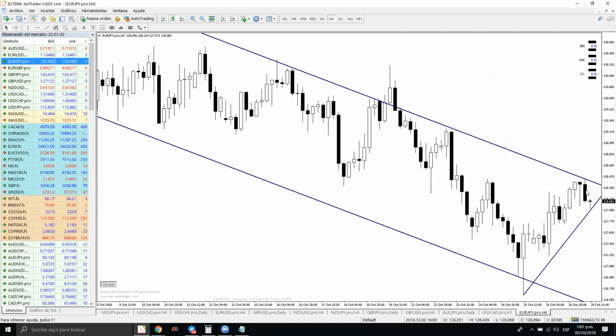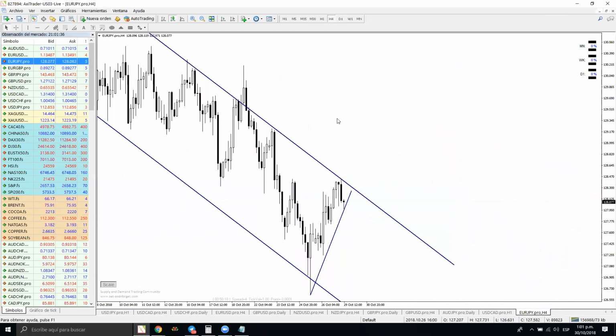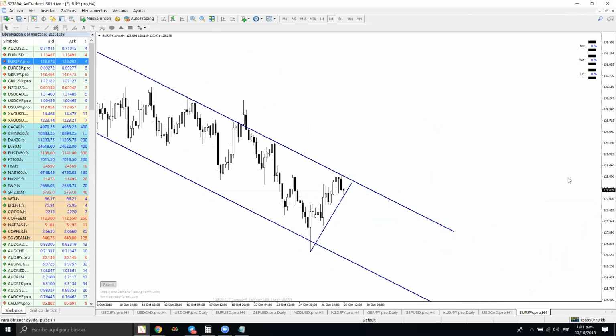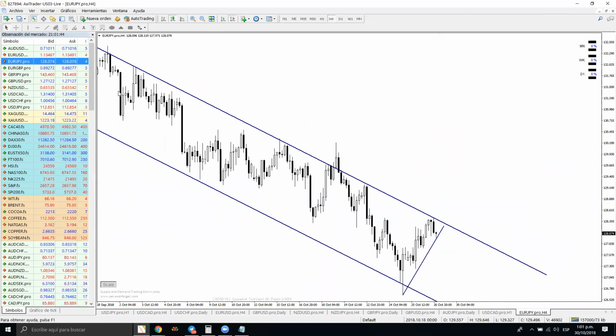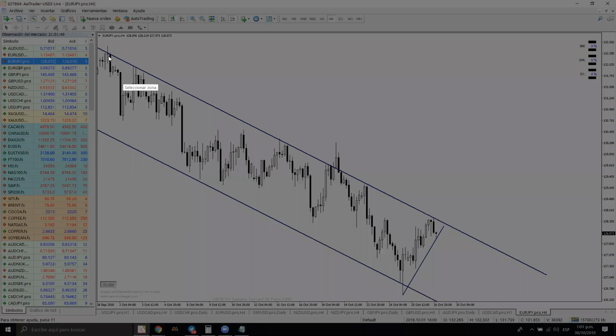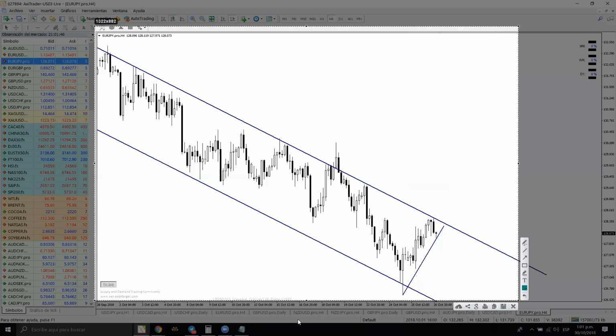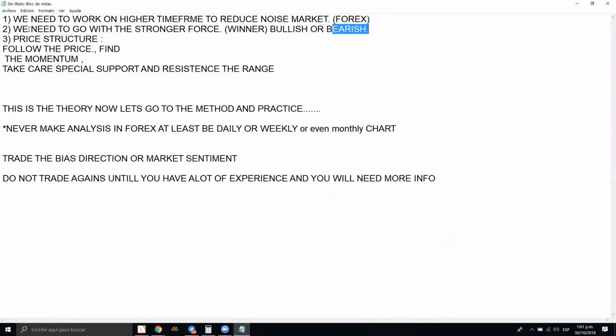Now we are in an uptrend. So we have two options here. The only way that I could enter this pair, if I want to go with the trend, is to just follow the price. This is everything we need to do, follow the price. We need to work on the high time frame for the next market, and we need to go with the stronger force.